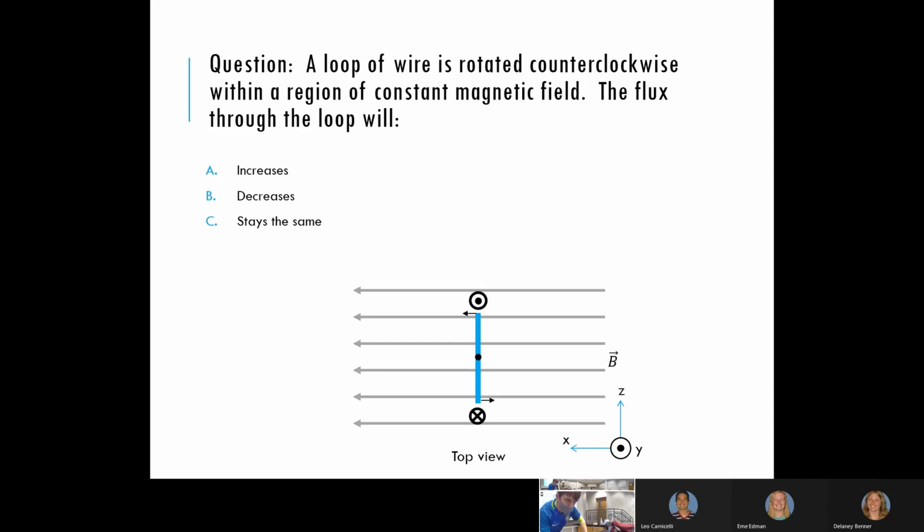Ignore the dot and the X. My animations are off. So you have a loop of wire, you can think of a square loop or a rectangle, and it's pivoting this way, as seen from above. So now we're changing the angle. We're changing the amount of flux by varying the angle.